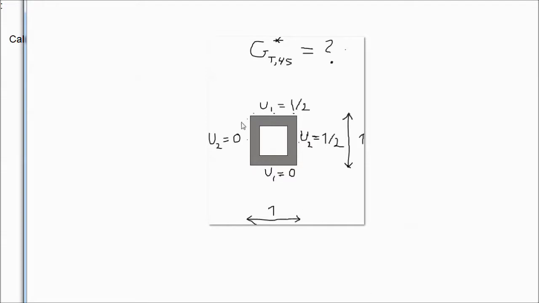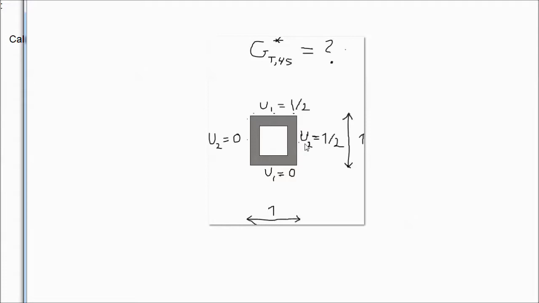Here, instead of putting some restriction on the displacement in the x1 direction on this boundary, I do the opposite. I put the displacement in the x2 direction equal to 0 on this boundary, and on the right vertical boundary, I put u2 equal to 1/2.